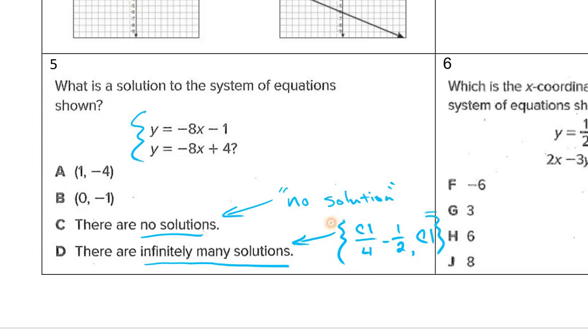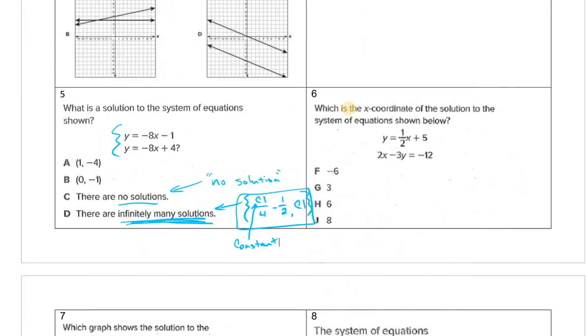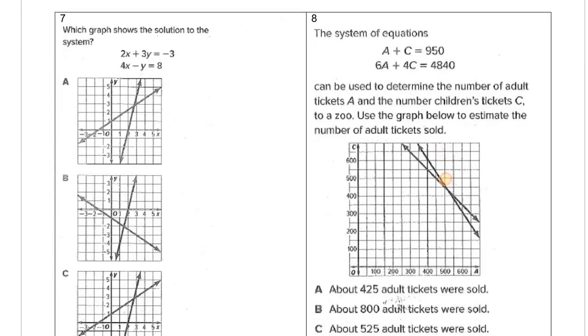When your calculator gives you this type of answer, that means infinitely many solutions. The calculator's trying to say, by labeling something as C1, that for any constant, for any number, the answer is true, so that's what makes you pick infinitely many. You're going to have to type this in and see what is the solution that's given out. 6 is the same way.